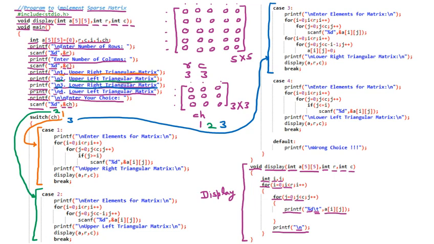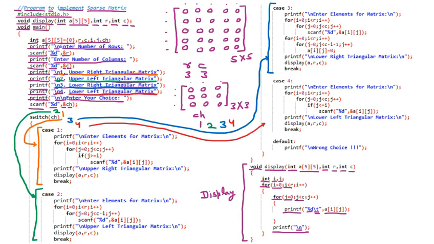Now if the user has entered case 4, we know that case 4 is lower left triangular matrices. So if the case is 4, then the switch is going to run case number 4 this time.